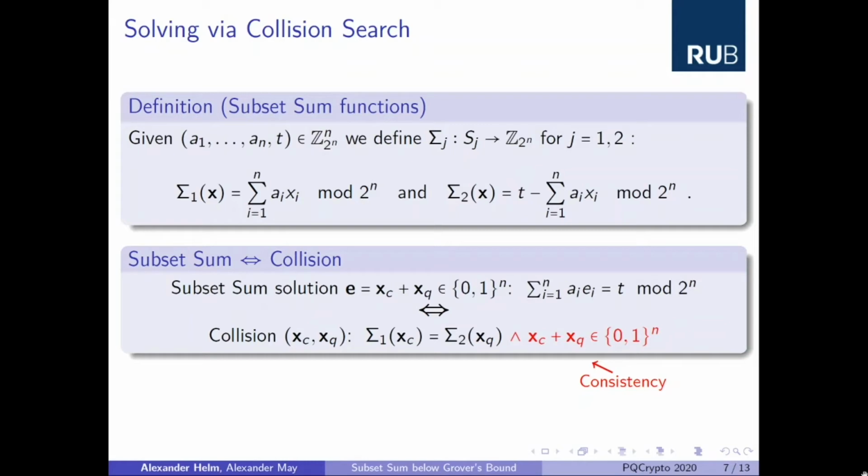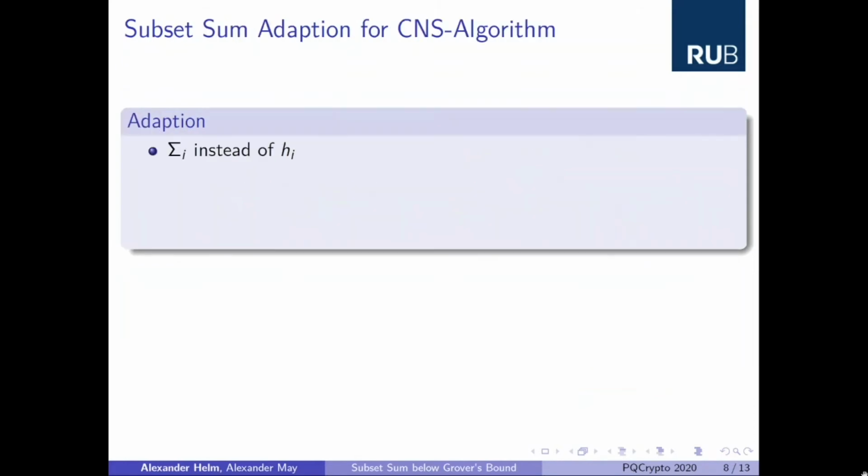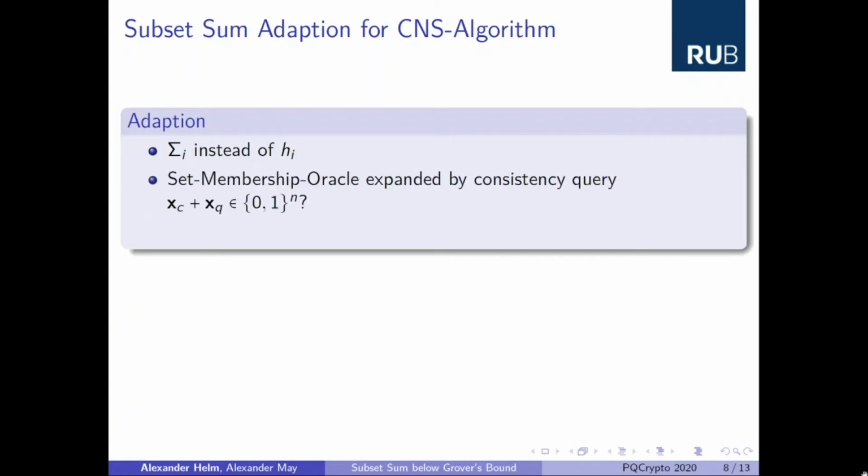By this equivalence, it's clear that we have to find a consistent collision to solve the subset sum problem. We keep this in mind and collect everything we need to adapt the CNS algorithm for the subset sum problem. First, we use sigma i instead of h i. And the second point, we have to add the consistency query to the oracle.